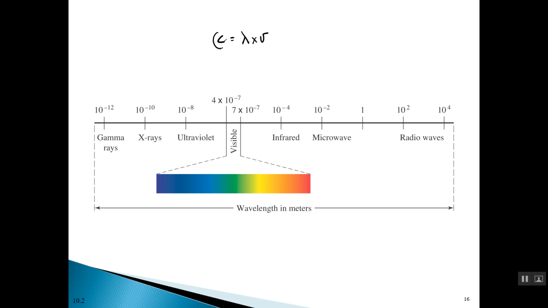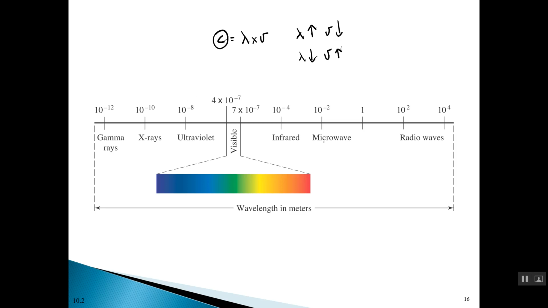Now, because this is constant, what that means is that if lambda increases, then the frequency would decrease. Or if lambda decreases, the frequency would increase. So in other words, you have an inverse relationship between the wavelength and the frequency of the radiation.